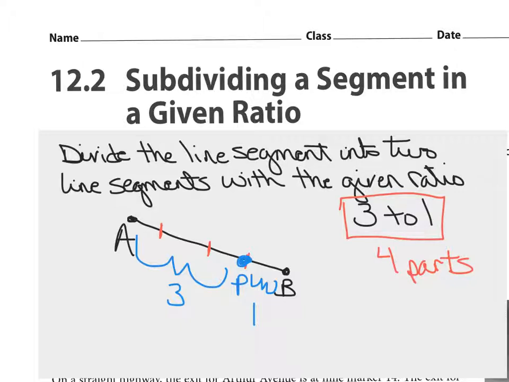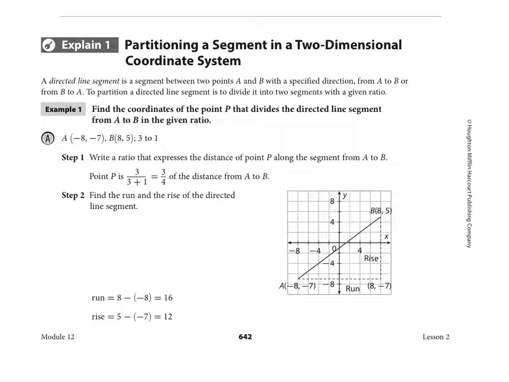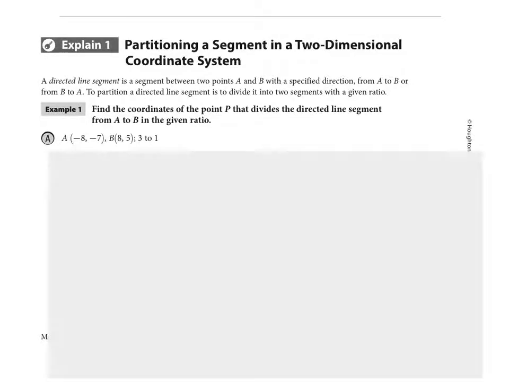So the next page, 642, we're going to look down here at this one. In this example, the ratio is 3:1. This says find the coordinates of P that divides the directed line segment from A to B in the given ratio. A directed line segment is just the segment between the 2 points.